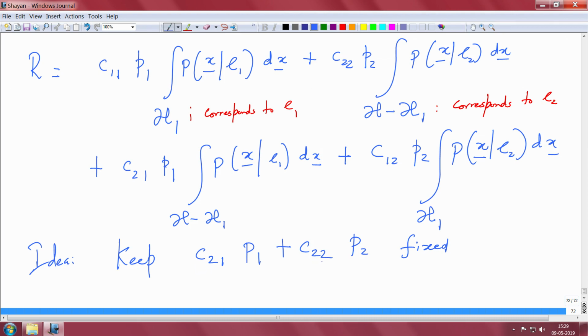It can go labeled from class 2 to 2, or the true label can be 1, but I classify it as 2, and let us say this is the cost that I have. I have to fix this cost. Keeping this cost, I have to minimize the rest of the quantities. Now, let us simplify this.